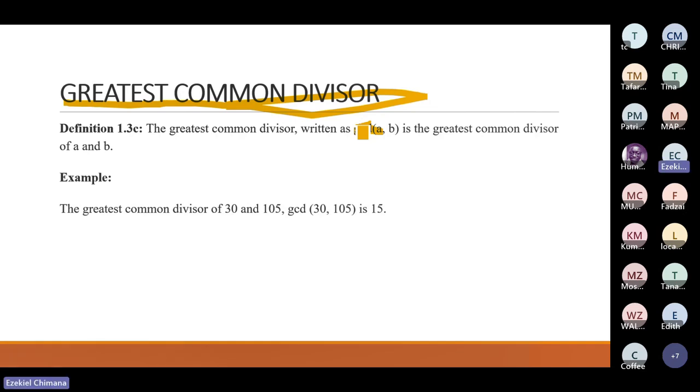It's an algorithm that we can use to find the greatest common divisor of two given numbers.